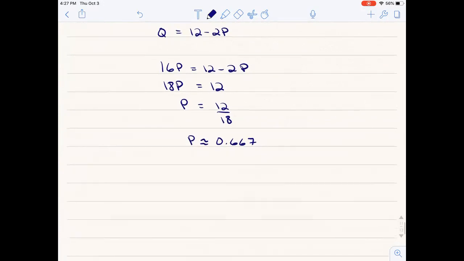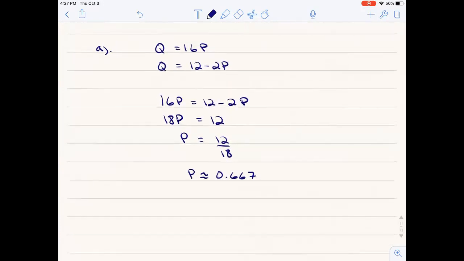So, all right, if p is 12 over 18, I'll put the p as 0.667 in brackets. Just to make it a little bit harder, I'll use p is 12 over 18, just to show off a little bit. And you can too.